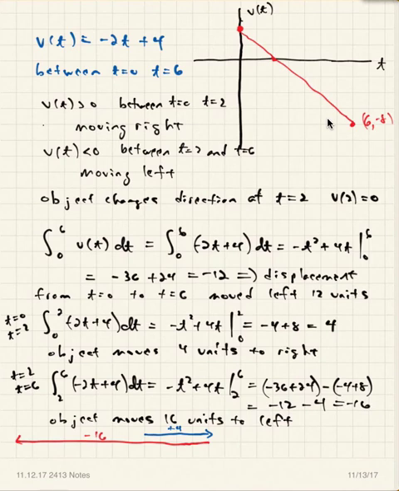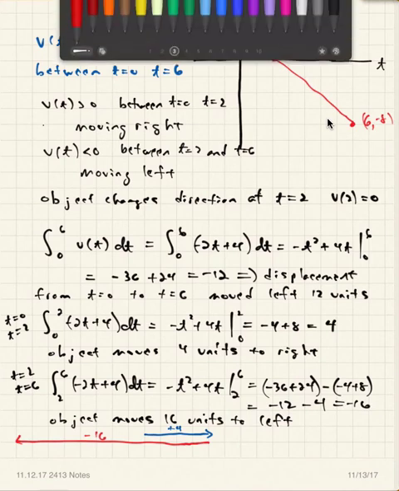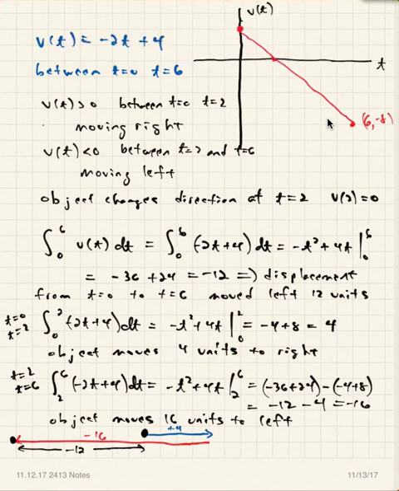If you look at the object's initial position and its final position, the object moved 12 units to the left. And that makes sense. So we wanted to look a little bit at what would happen if you integrated a velocity function, and you get displacement here.